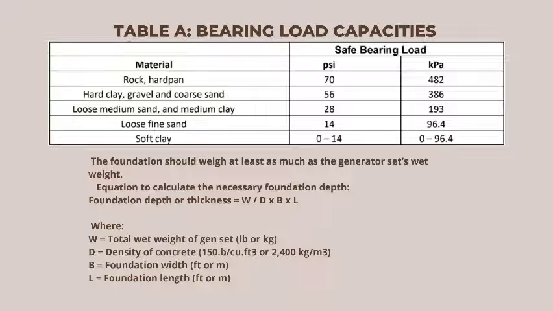The foundation should weigh at least as much as the generator set's wet weight. Equation to calculate the necessary foundation depth. Foundation depth or thickness is equal to W over D times B times L, where W is the total weight of the genset, D is the density of concrete, B is foundation width, and L is foundation length.